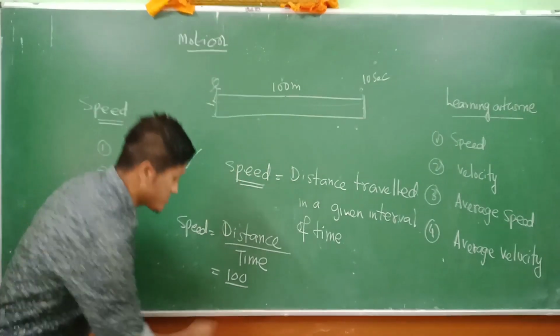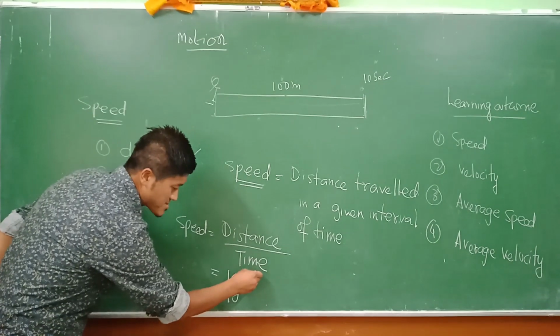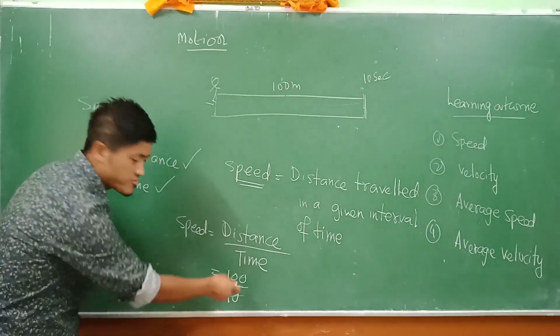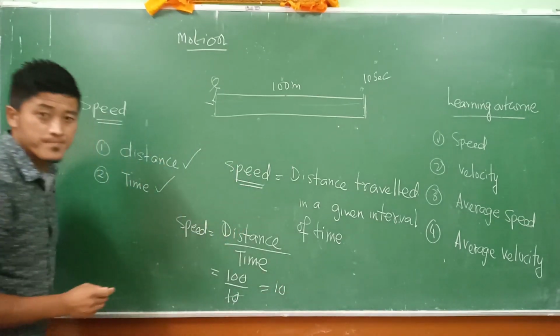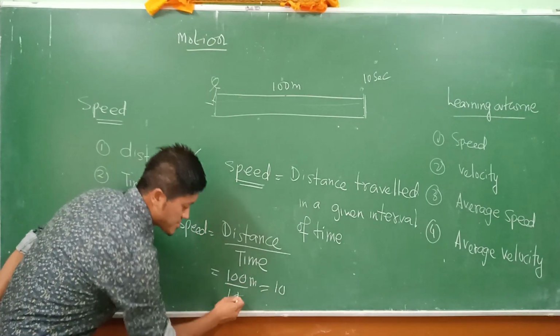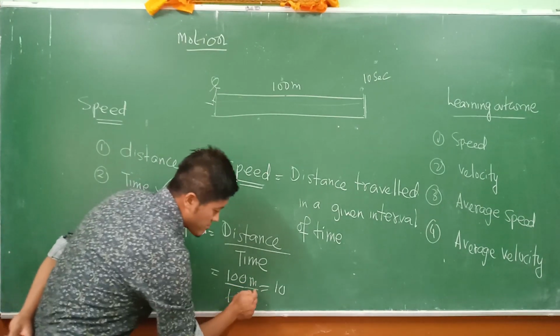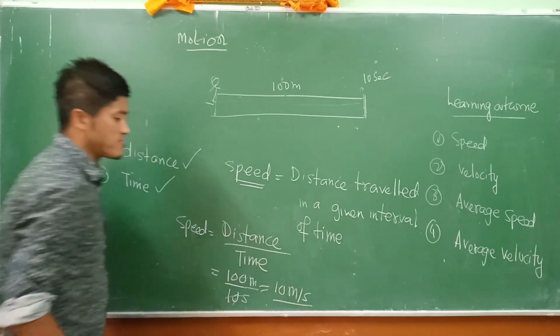In 10 seconds. So we can cancel the zeros, and you will get the answer as 10. This is 100 meters and this is 10 seconds, which is why I'm going to write 10 meters per second. This is the unit of speed.